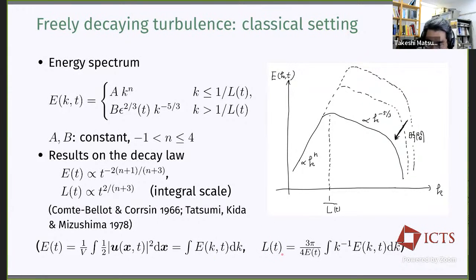And the integral length scale, for the homogeneous isotropic case, can be calculated from the energy spectrum. So this is the classical phenomenological theory for the energy and integral length scale. The important point is that this exponent is determined from the low wave number part of the energy spectrum. Okay, so this is the classical picture of the decay of homogeneous and isotropic turbulent flow.